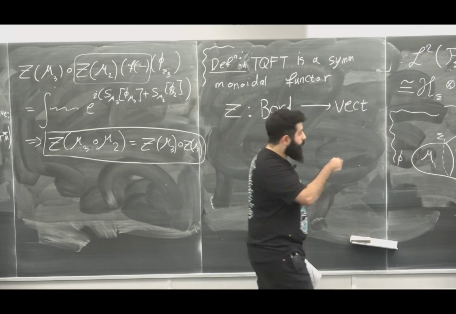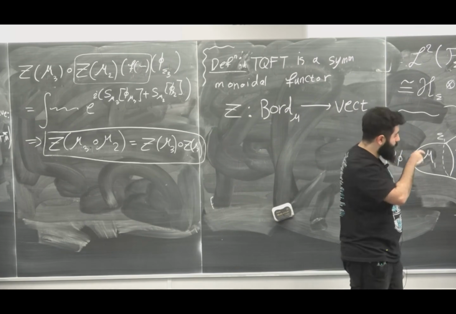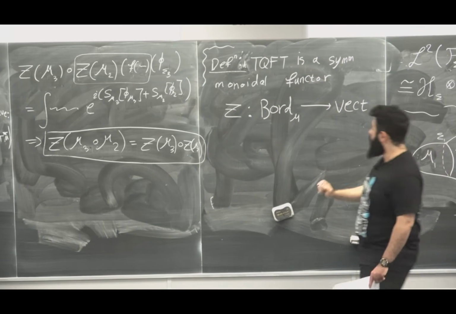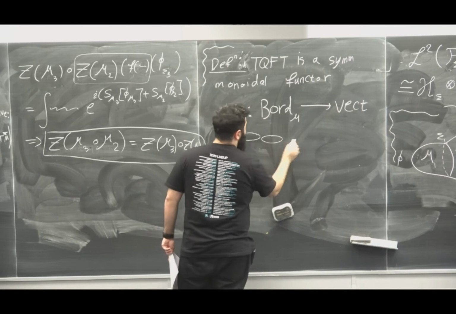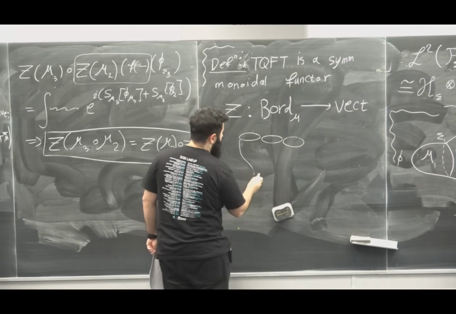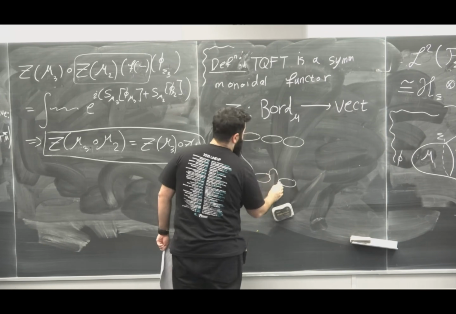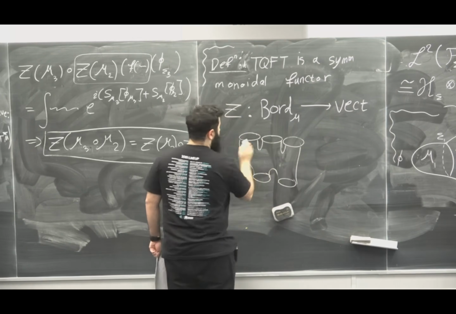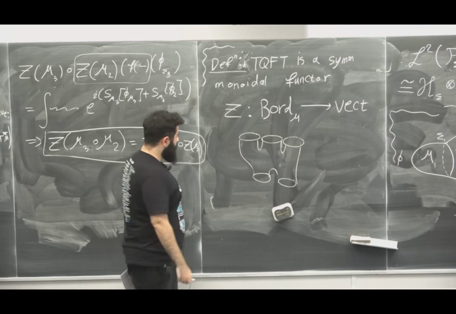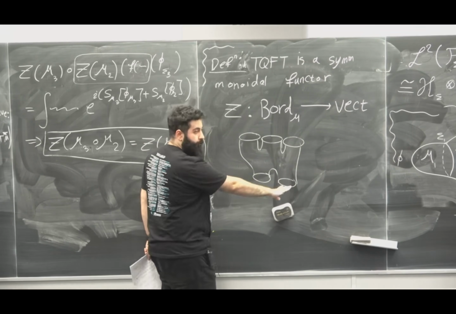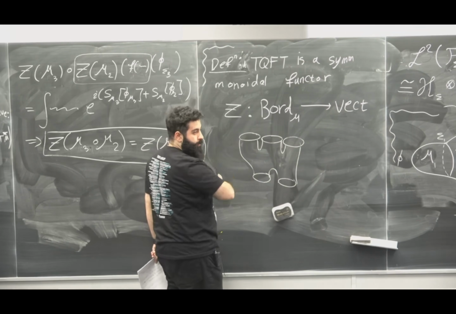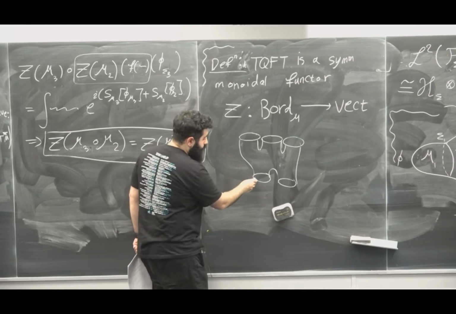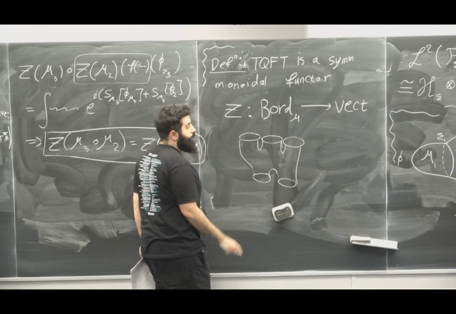Okay, I don't know much about that, but what I've seen is that we have our disjoint union of things, and we have this, right? So our cobordism is a map from the disjoint union of these to the disjoint union of these. It's a map from here to here, so this is from an n minus one dimensional manifold to an n minus one dimensional manifold.